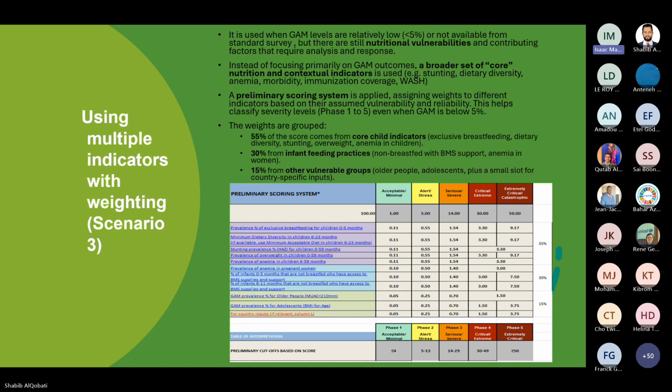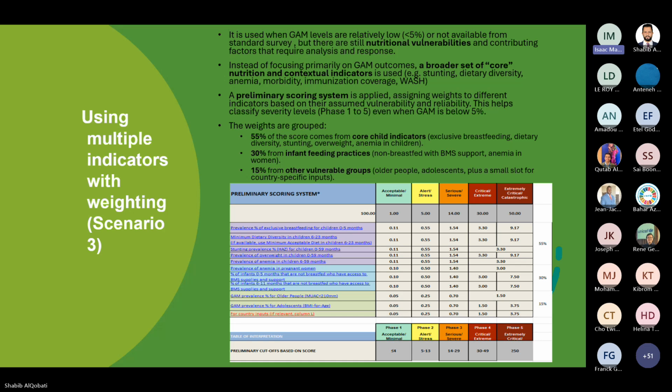And the last grouping is composed of 15% from other vulnerability groups, which are either older people, adolescents, plus a small slot of country-specific inputs, depending on the vulnerability scales that have already been defined in country.